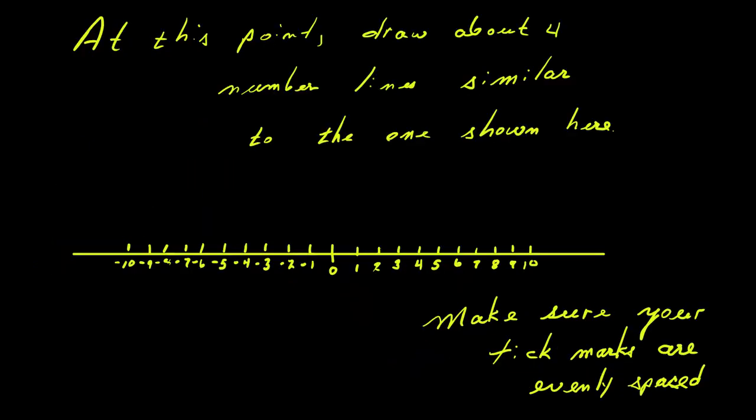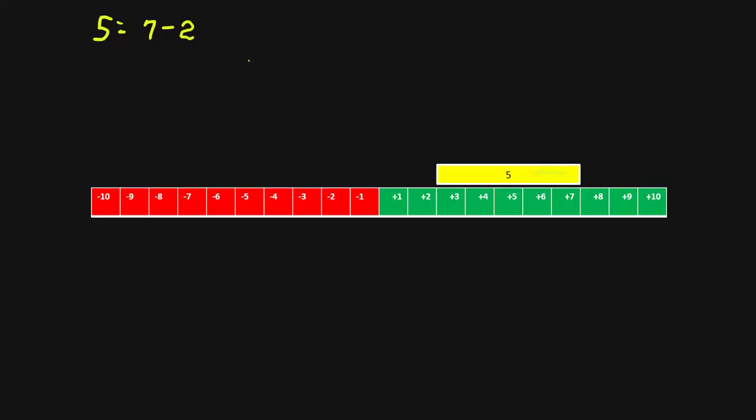At this point, I'd like you to draw about 4 number lines similar to the one shown here. Make sure your tick marks are evenly spaced. Go ahead and pause the video and come back when you've done that. Welcome back.